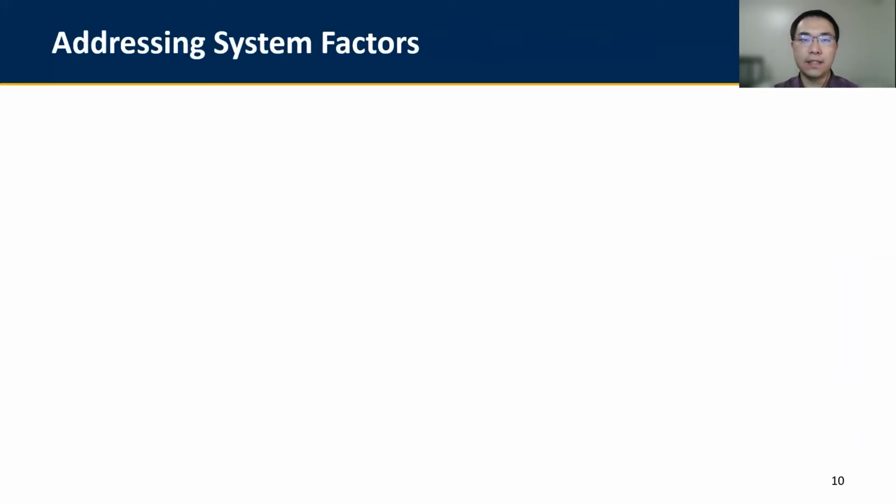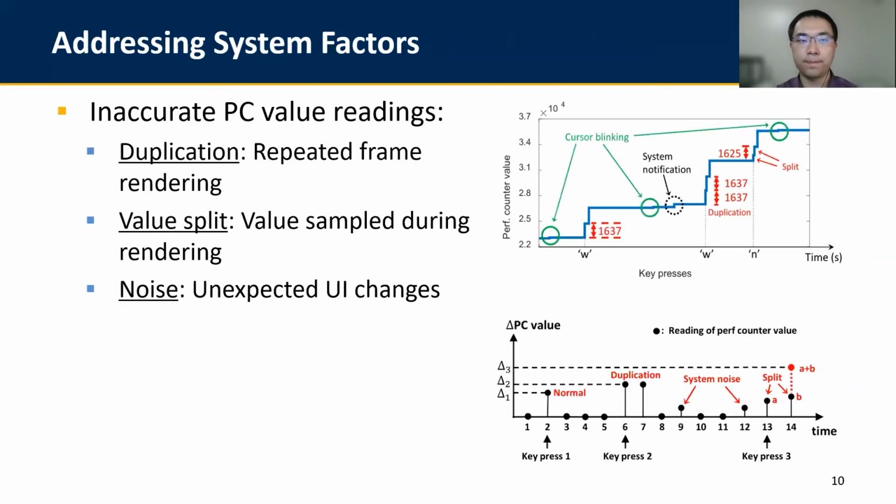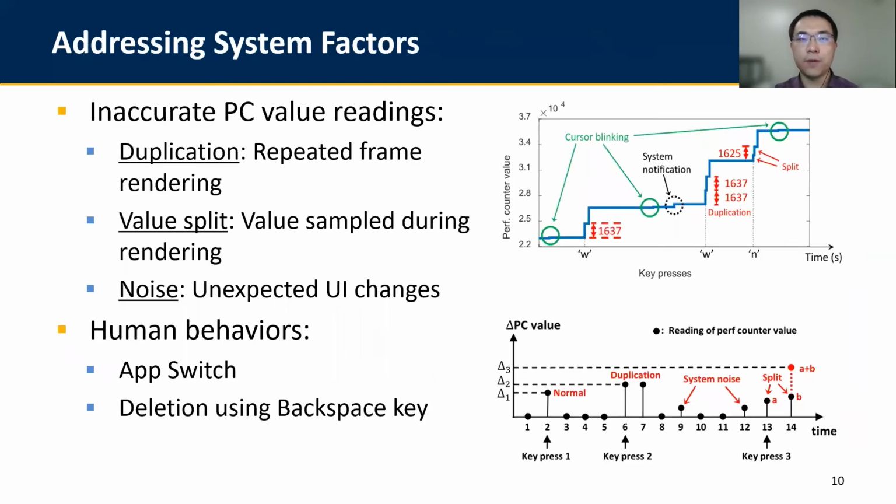In practice, there are multiple system factors that need to be solved to reach a high inference accuracy. The first group of factors are inaccurate GPU PC value readings caused by different reasons. In some circumstances, key press rendering may repeat in 2 consecutive frames, causing duplication in PC value changes, like the second key press in the frames.